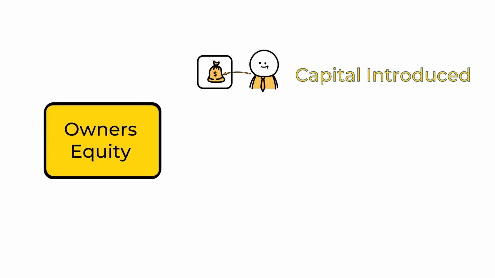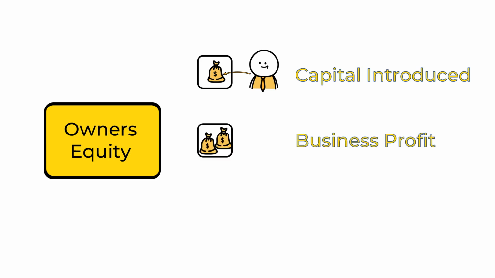We have money that's been introduced, or capital that's been introduced into the business by the owner, and that is one separate general ledger account. So every time the owner introduces money into the business, we'll use capital introduced. The owner may also leave some of the profit that the business has made in the business. The business still owes the owner the profit, but they kept it in the business to keep the business running.